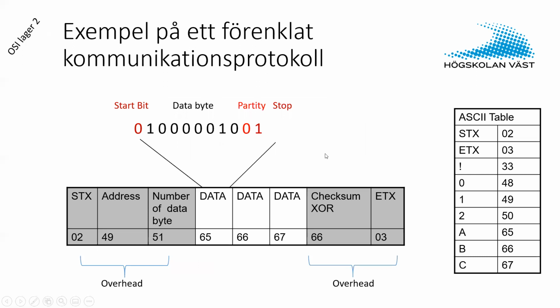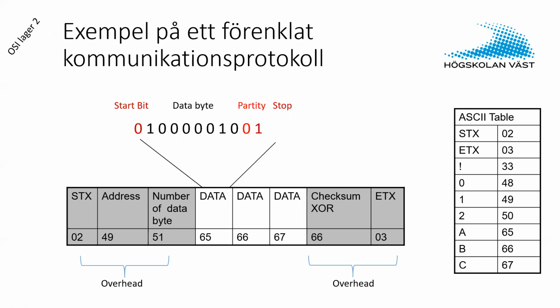Each individual data byte you can send. That's fairly simple, but to get a meaningful communication, you actually need some higher level protocol. Very often it's more than 1 byte you want to send, and then you need to group data together in a frame or larger packet.